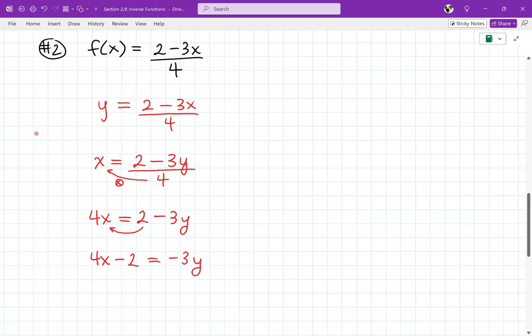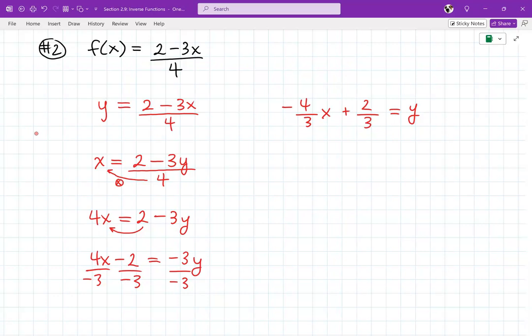What's my next step? We're dividing by negative 3, everything. So I get negative 4/3 x plus 2/3 is equal to y. That's step 3. I'm done with step 3.